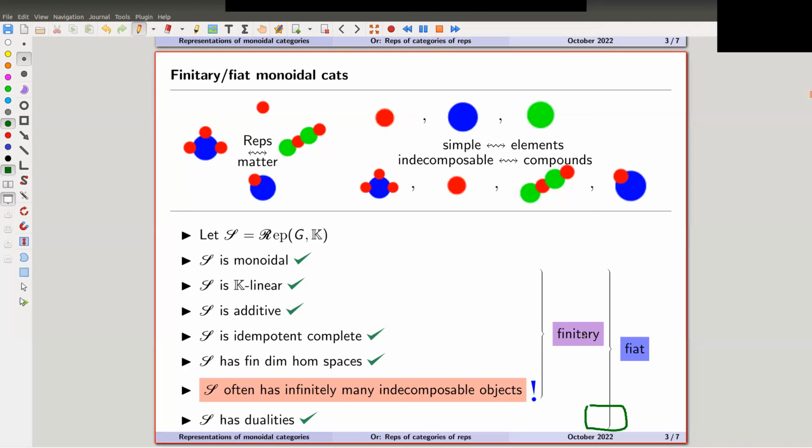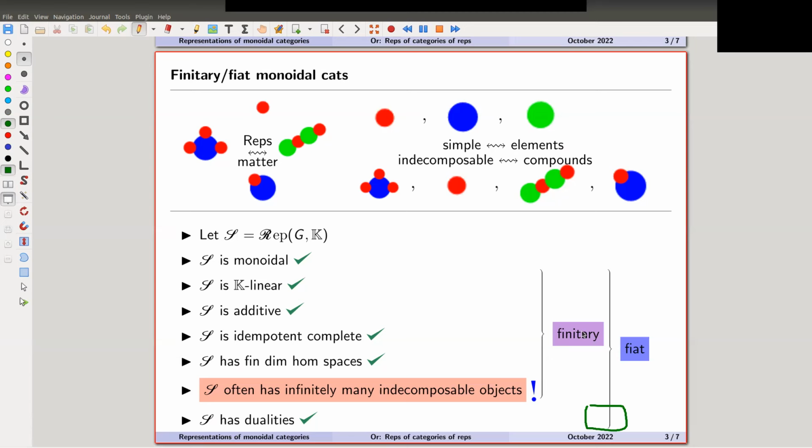So finitary is just everything's finite, and fiat is everything is finite and you have dualities. Finite dimensional vector spaces tend to have dualities, which is very useful, and so we include that in the theory. So a fiat category is all of that, and a finitary category is all of that without necessarily having duals. Most of the theory works for those types of categories, meaning essentially everything. So it's quite a big class of examples.